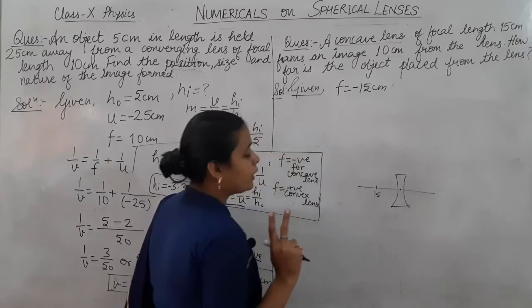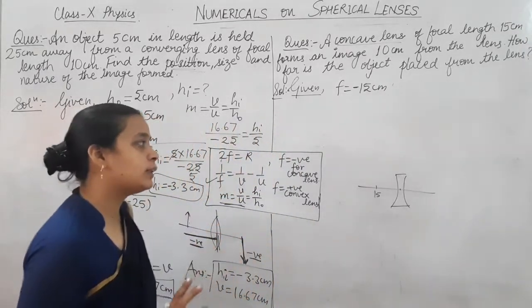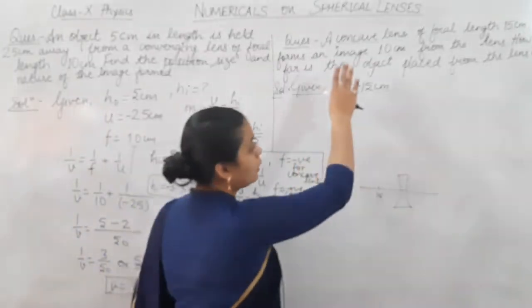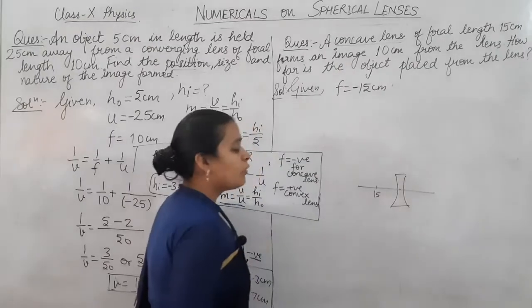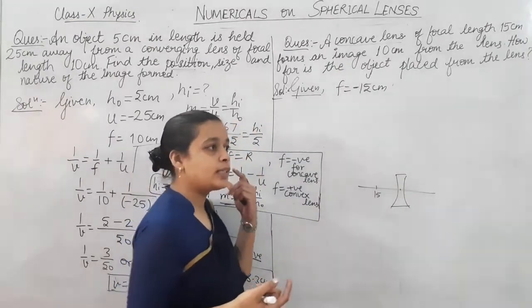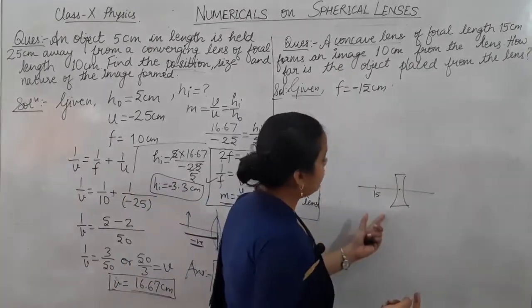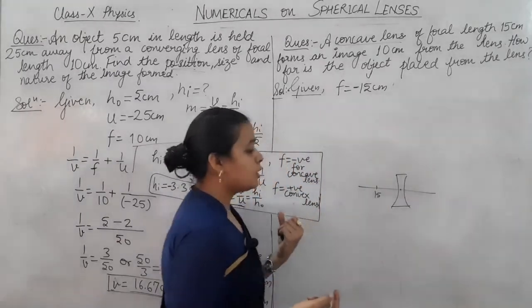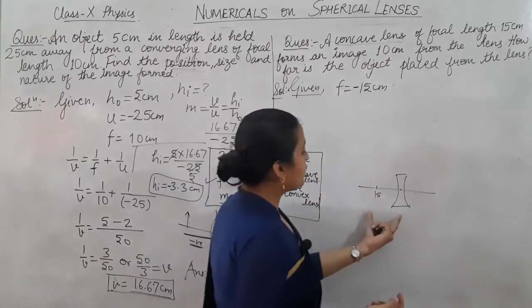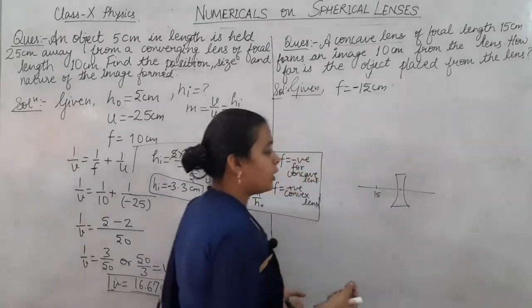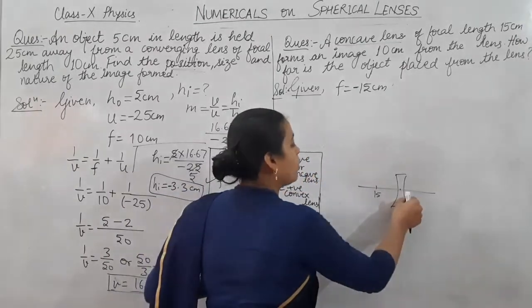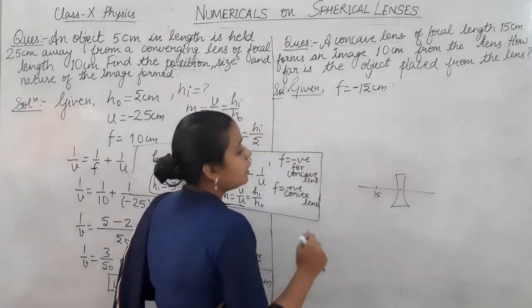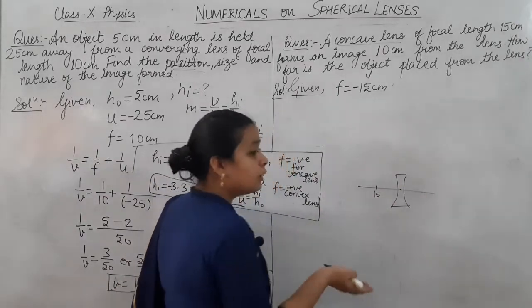Two of the ray diagram cases you have studied in context to concave lens. First one is that the object will be placed at infinity and the image will be formed at focus. Second one is if an object is placed at any place between optical center and infinity, the image is going to form on the same side.